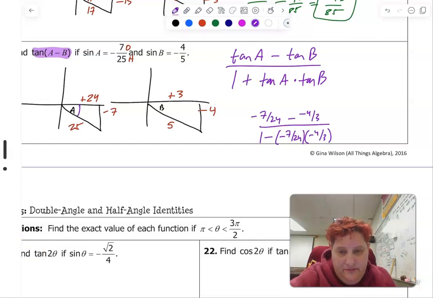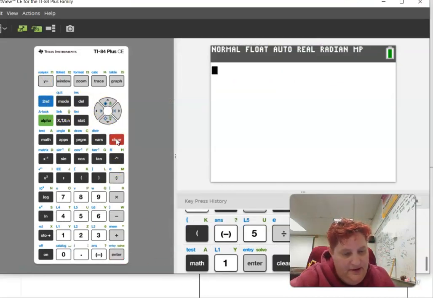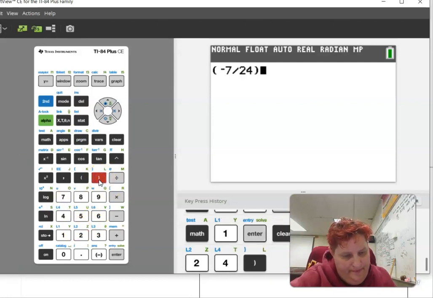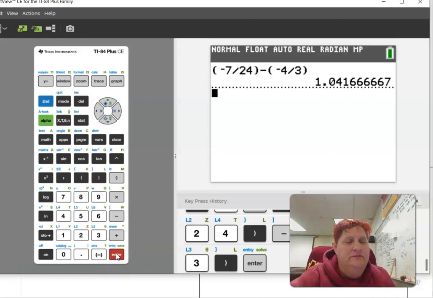Here's what I would do, okay? On your graphing calculator, let's go ahead and just do the top. If you want to use parentheses or if you want to use the alpha y equals, negative 7 over 24 minus negative 4 over 3. Let's just do that and push enter.